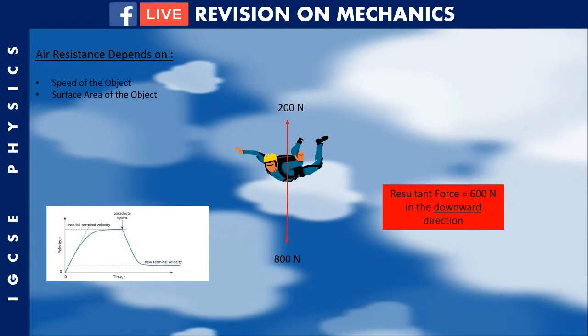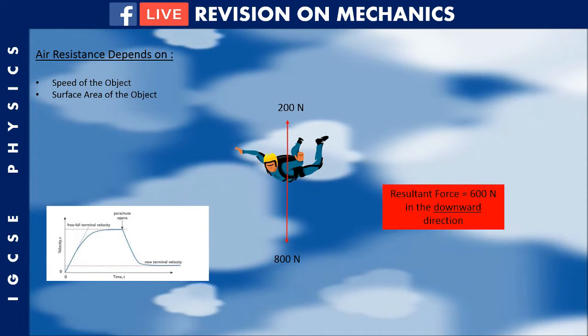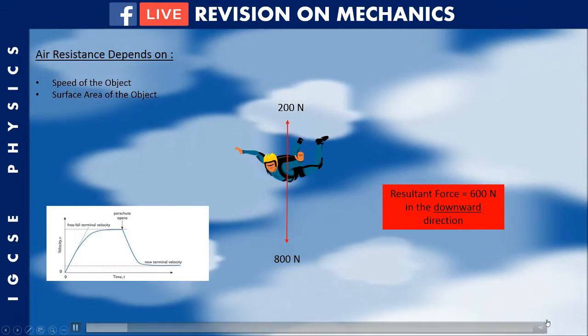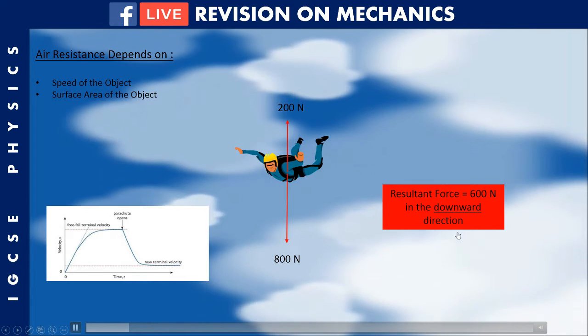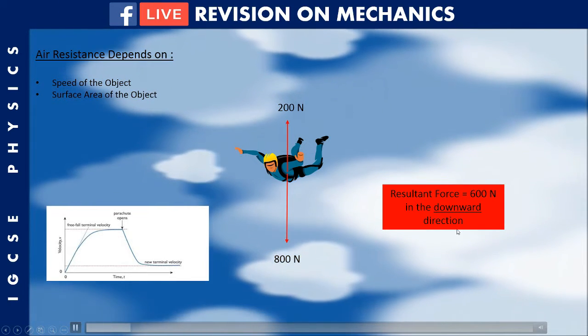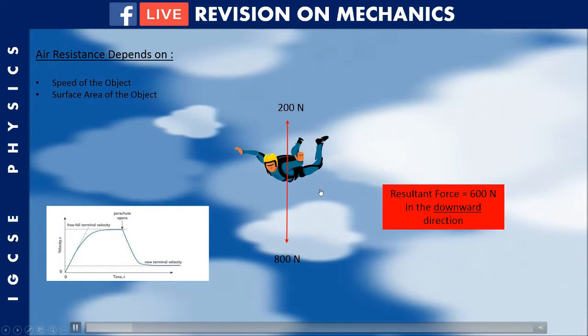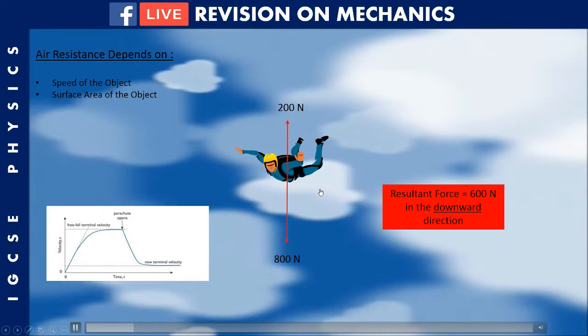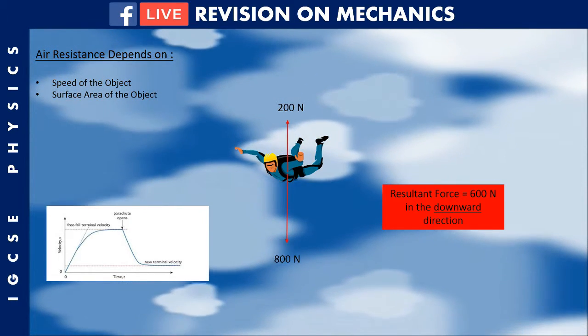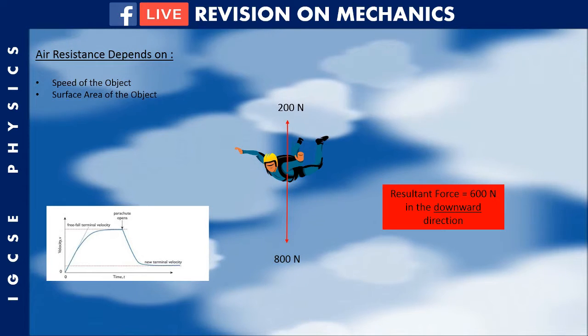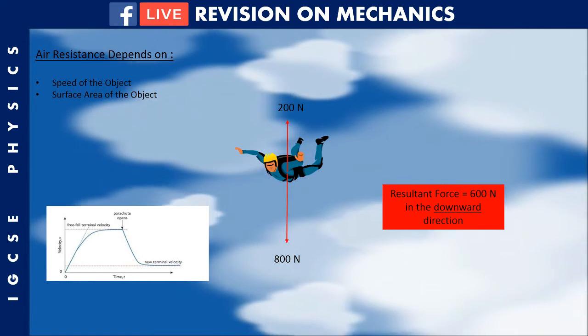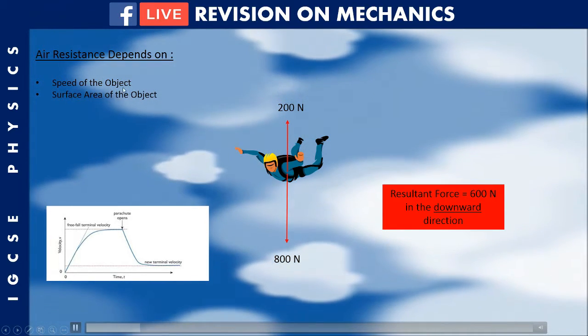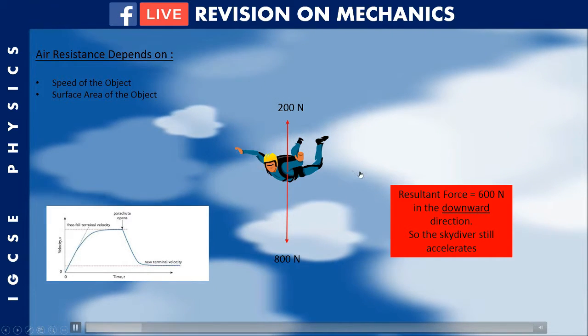So due to this resultant force of 600 Newton, it will have an acceleration in the downward direction. It is falling, so it will definitely have an acceleration. And acceleration means that the speed of the object will increase. Since speed increases, the air resistance will also increase, right?